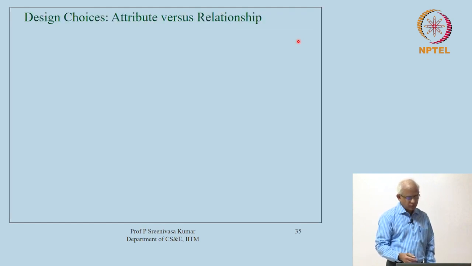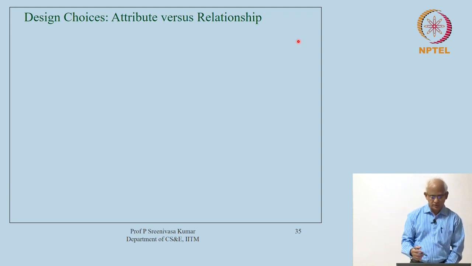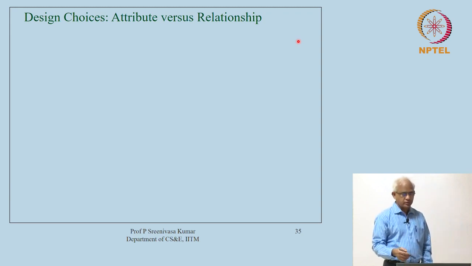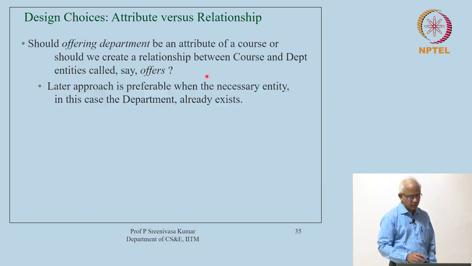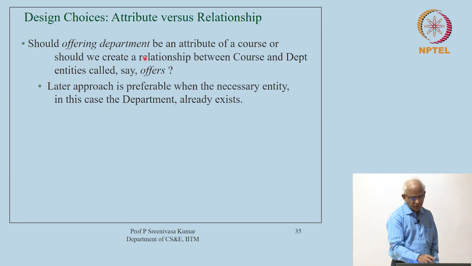Okay. So let us come to a few questions which we will encounter as we are trying to develop these designs. One of them is attribute versus relationship. To give a concrete example of this dilemma: should offering department be an attribute of a course, or should we create a relationship between course and department entities and call it offers?